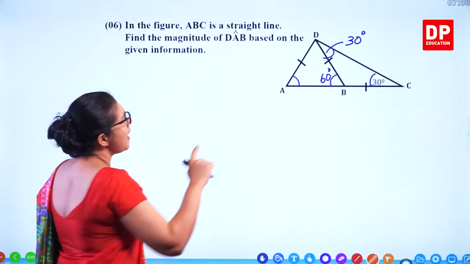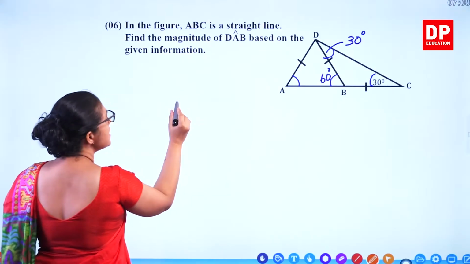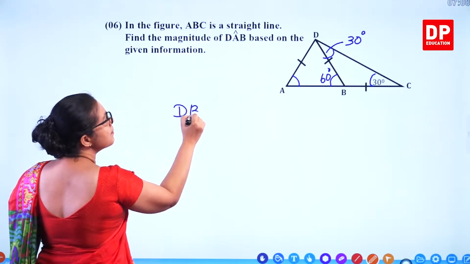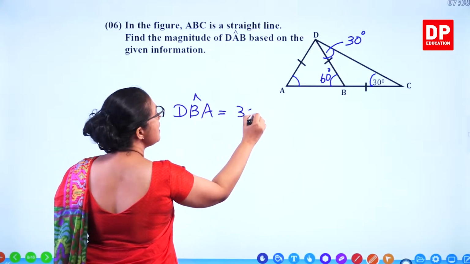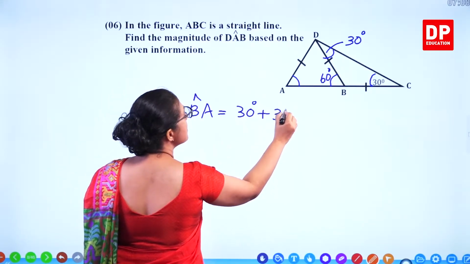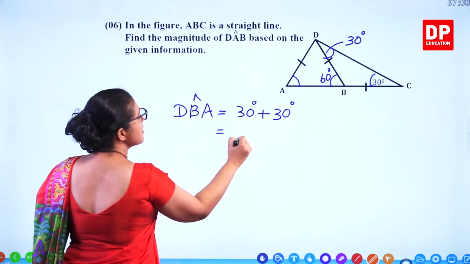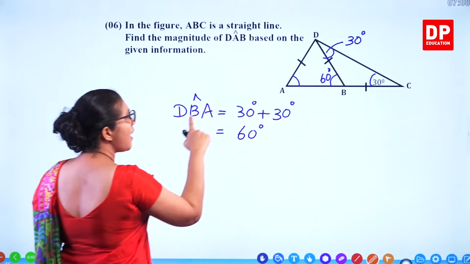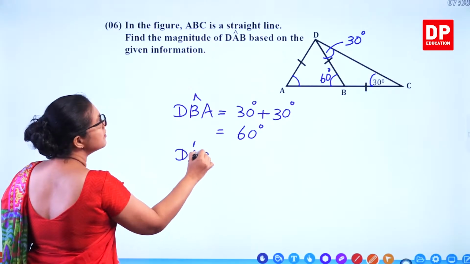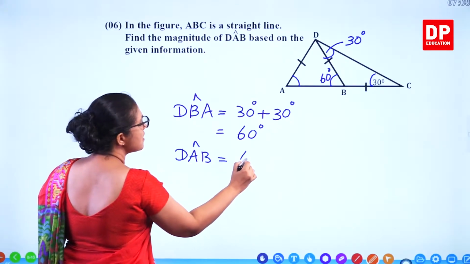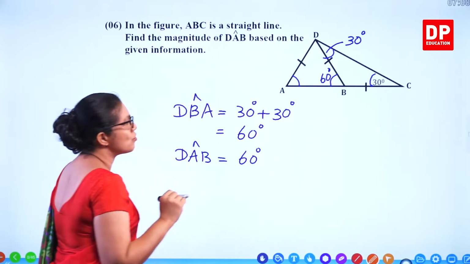So how can we write it first? We can write angle DB is 30 plus 30. That's 60. Then you can write angle DAB is also 60 because of the isosceles triangle.